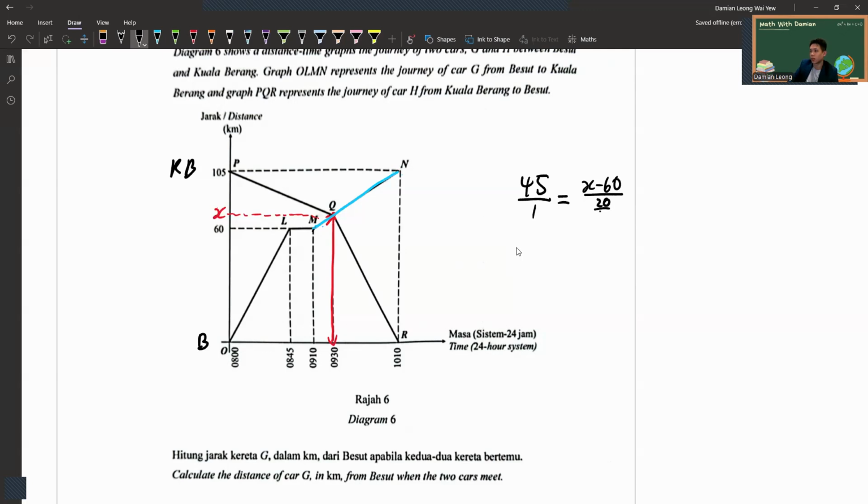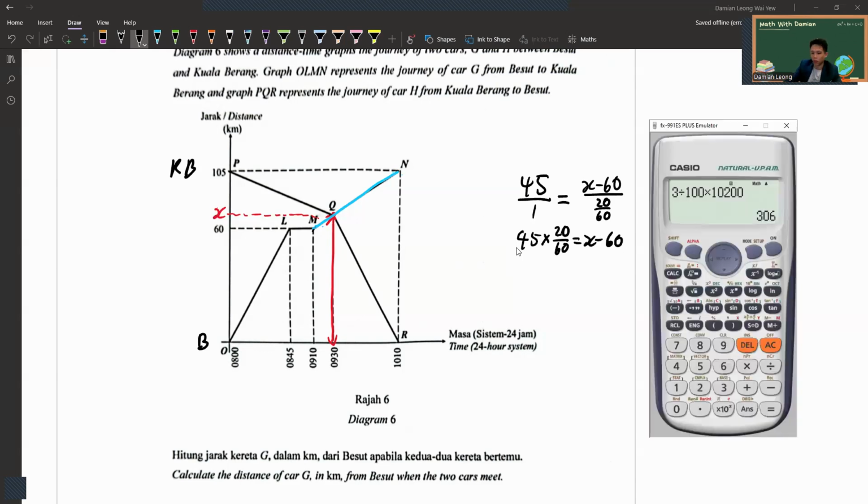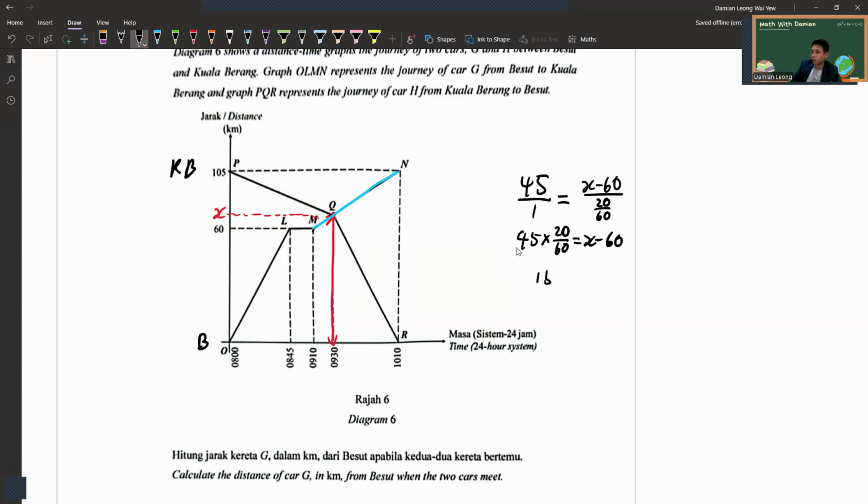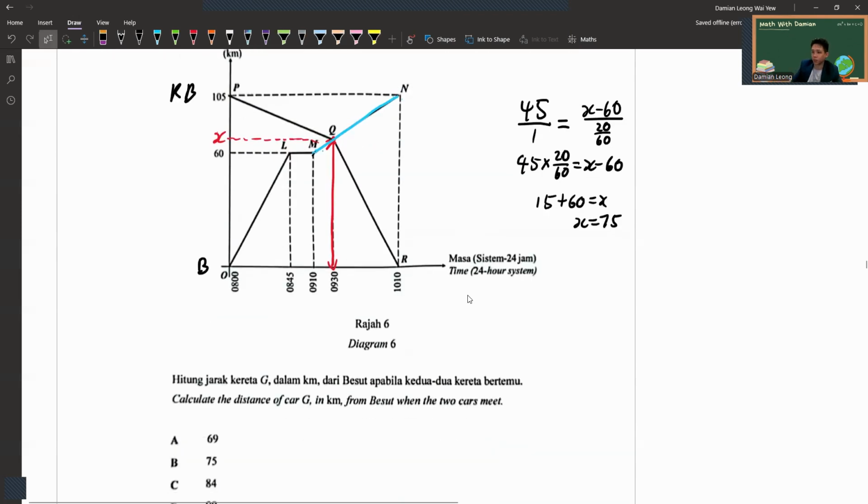So 20, I divide by 60 to change to hours. So 45 times 20 over 60 equals x minus 60. 45 times 20 over 60 is 15. Bring over the 60, opposite, plus 60. X is 75. Means it should be 75 km from Besut, where the cars meet. Yeah, the answer is B. That's for question 18.